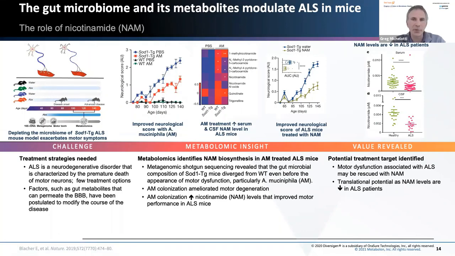So the case study I'm going to be presenting today is an exemplar of that, talking about how gut dysbiosis and changes in microbial composition can affect distal functions, and in this case, neurological functions by manifestation through ALS, or amyotrophic lateral sclerosis, a degenerative neurological disorder. And in this model system, investigators at the Weizmann Institute, Eran Segal and Eran Elinav, used a model system of superoxide dismutase transgenics that mimics ALS function in this preclinical mouse model.